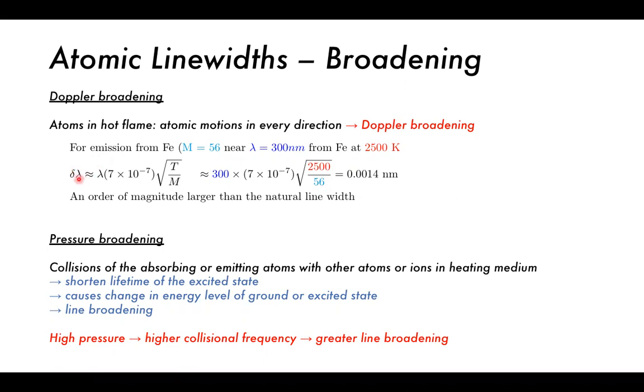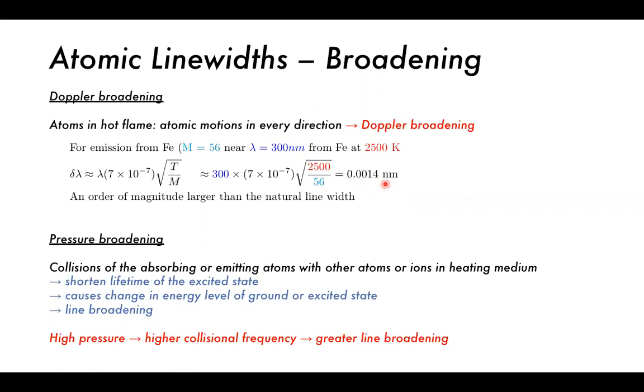So delta lambda, this is the Doppler broadening, is approximately equal to lambda times this constant 7 times 10 to the minus 7 times the square root of T over M, where T is the temperature and M is the mass of the element. So that's going to be equal to 300 times the constant, 7 times 10 to the minus 7, times the square root of 2500 over 56, which is equal to a broadening of 0.014 nanometers, which doesn't seem like very much.